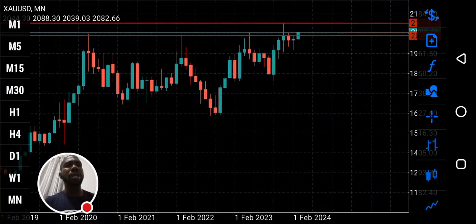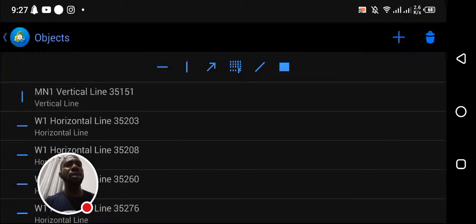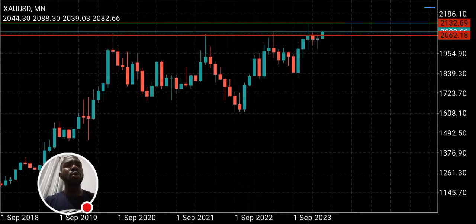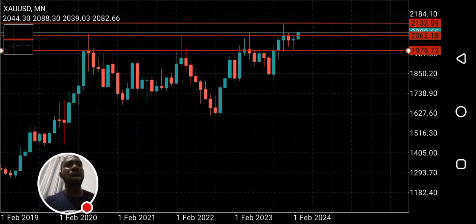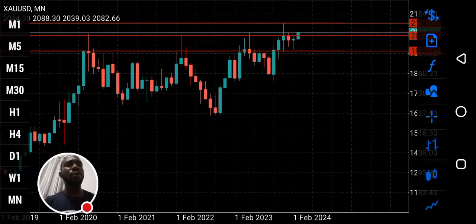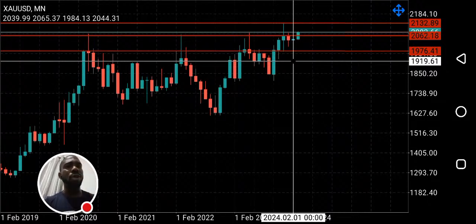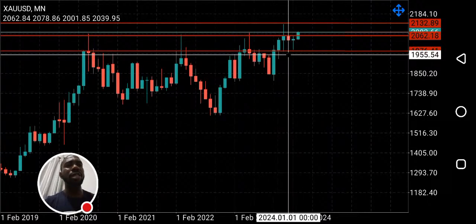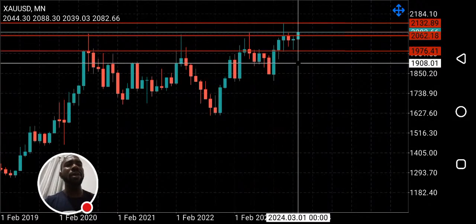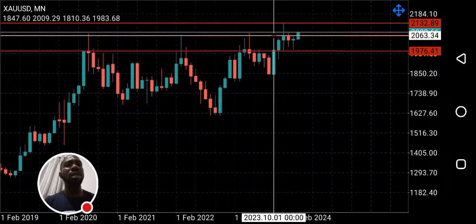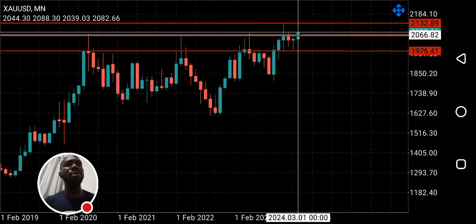Going by the monthly time frame, if I want to sell gold, I would need to see price break these lows. Okay. This is the area of liquidity on the monthly time frame. So if I want to sell gold, I want to ensure that this low is cleared. But as it is right now, a resistance level has been broken.